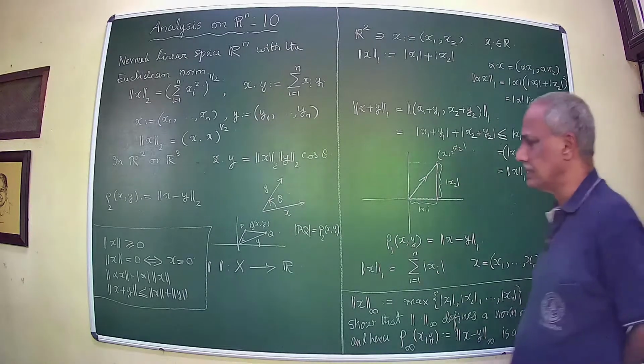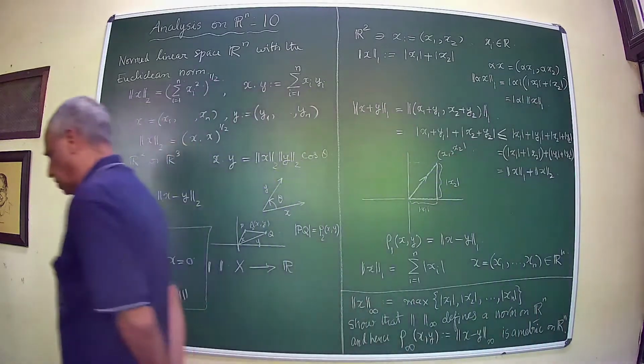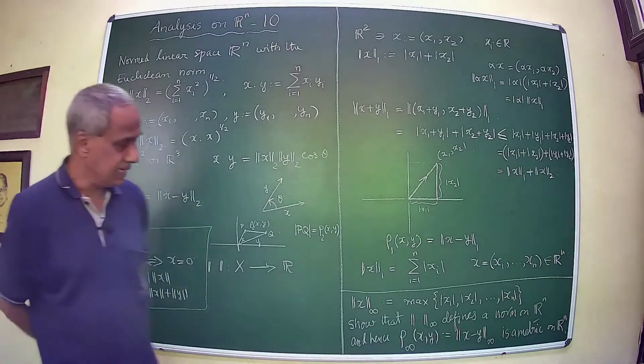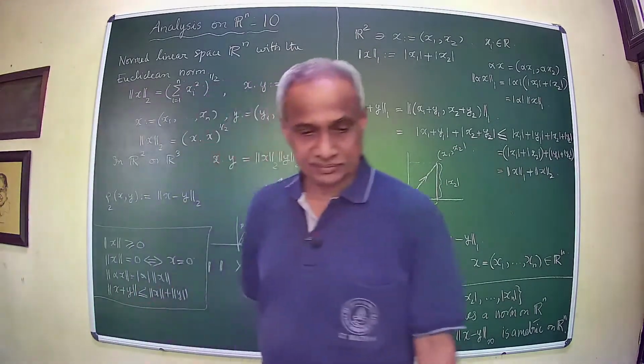Now this is easily proved. It's not difficult at all. Once you prove that it's a norm, it is very easy to show that this is a metric.